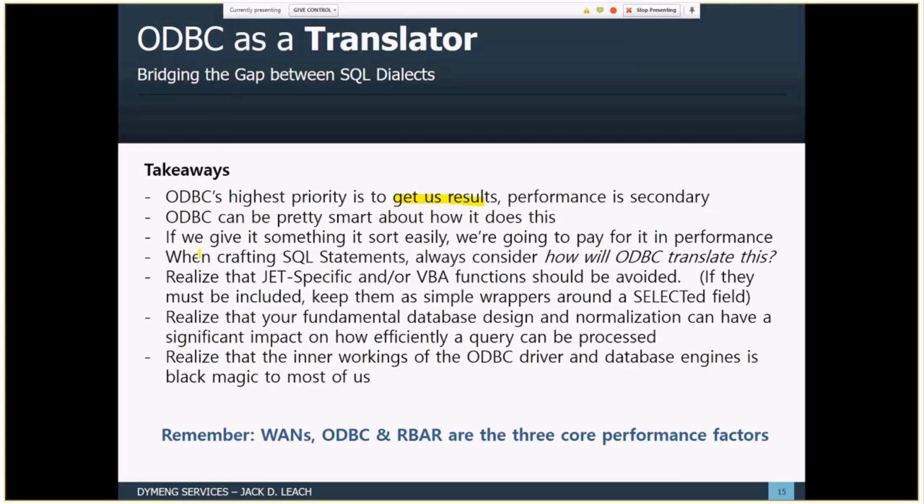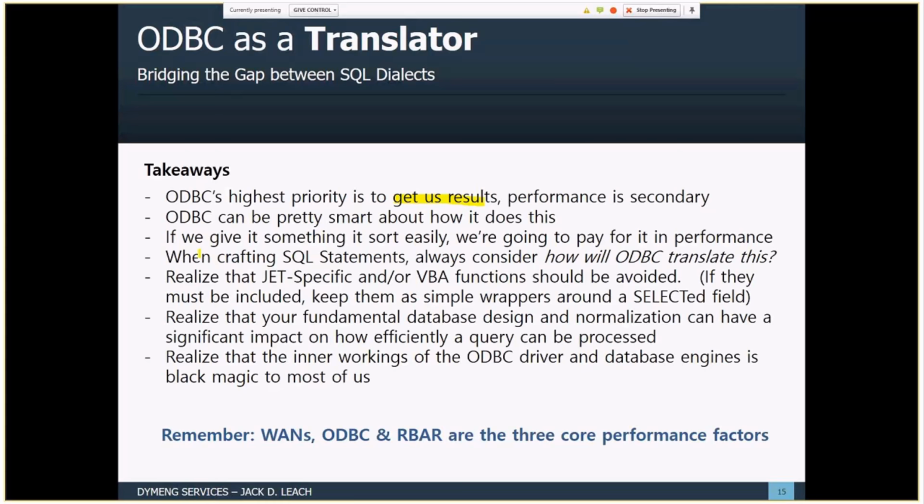So we want to approach this with a concept approach: these are the types of things you want to look for, rather than very specific stuff, because it's the concepts that are going to keep us afloat as far as performance goes.